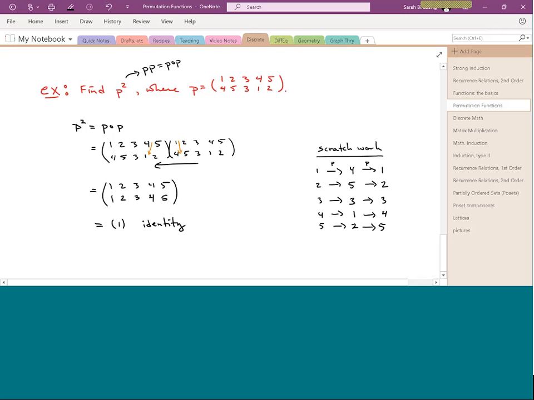Worst case scenario, this exponent might be much, much larger. In this case, it was really quick to get back to the identity. And we'll actually look at that a little bit later on. But this would be the third type of thing that we'll look at, which is you don't have two different permutation functions that you're composing together. You're composing a permutation function with itself.